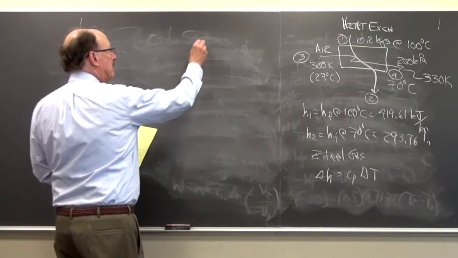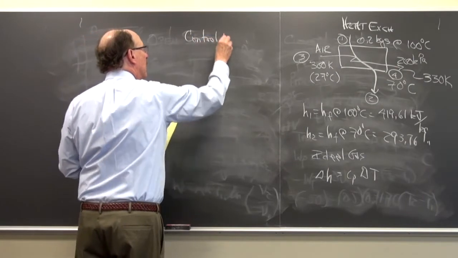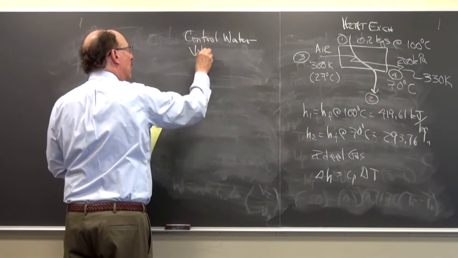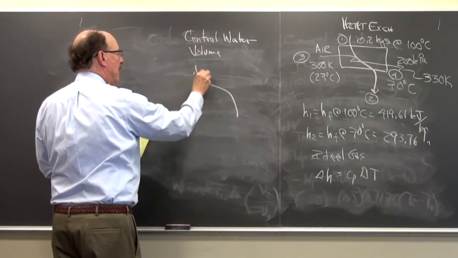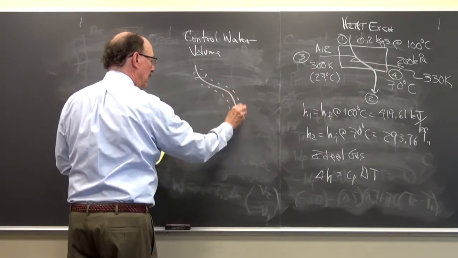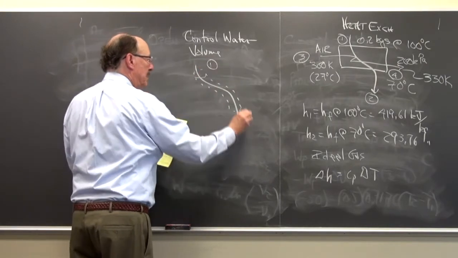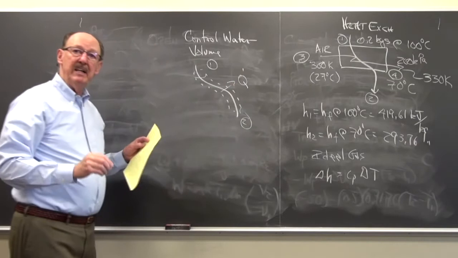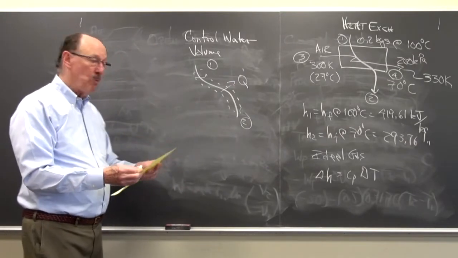So if I take the control volume for water, and it's going through like this, and we have our control volume cover it. In this case, I have the water going in at state 1, leaving in state 2, and there's Q dot leaving, and it's going into the air.